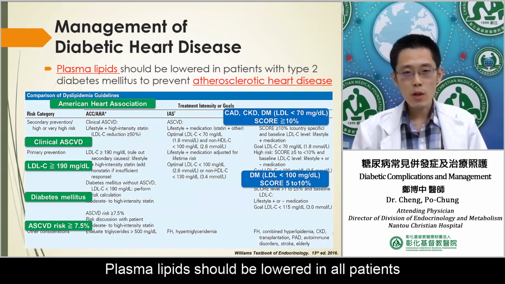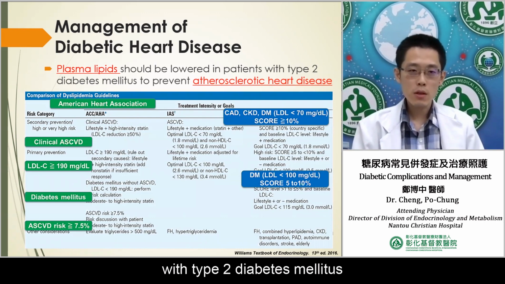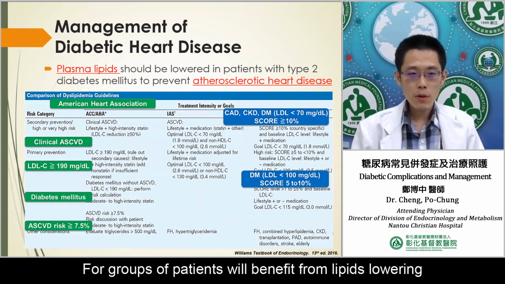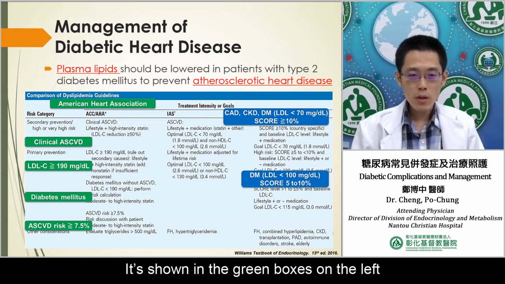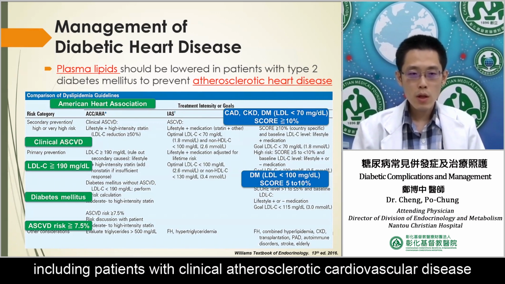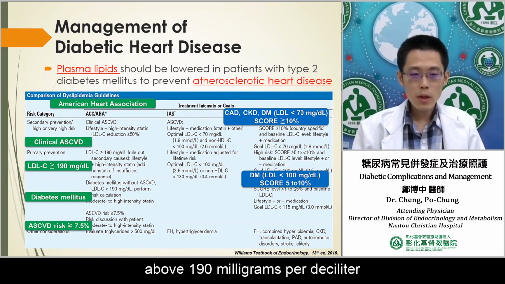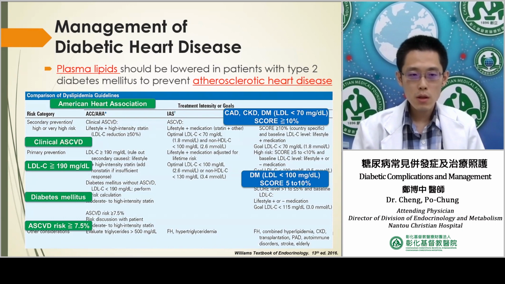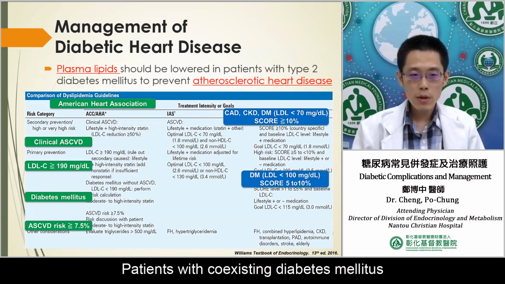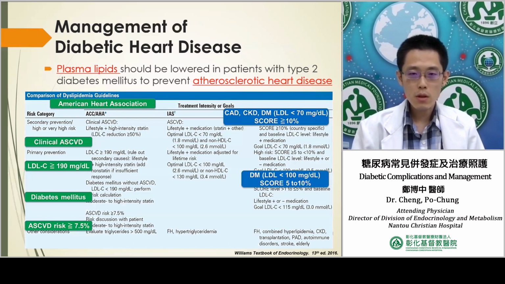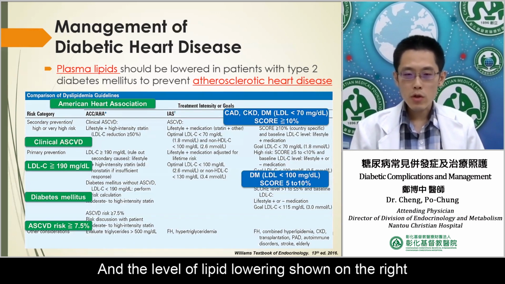Plasma lipids should be lowered in all patients with type 2 diabetes to prevent atherosclerotic heart disease. 4 groups of patients will benefit from lipid lowering, as shown in the green boxes on the left, including patients with clinical atherosclerotic cardiovascular disease, patients with low-density lipoprotein cholesterol above 190 milligrams per deciliter, patients with coexisting diabetes mellitus, or atherosclerotic cardiovascular disease risk score above 7.5%. And the level of lipid lowering is shown on the right.